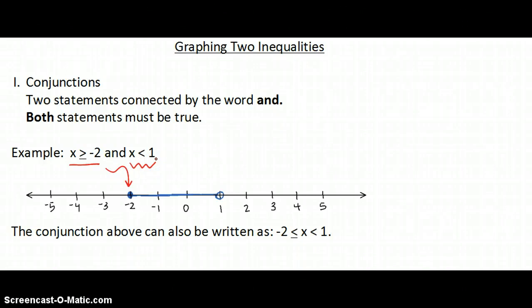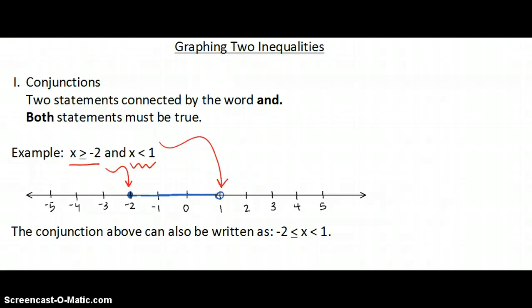Oppositely, x is less than 1. We know if it's just a less than sign, we're graphing that one with an open circle. So we're going to graph both of our endpoints and then we're going to decide where to shade. So we need x's to be greater than -2 but also smaller than 1, and that's precisely where that blue line covers in between the left and the right points.